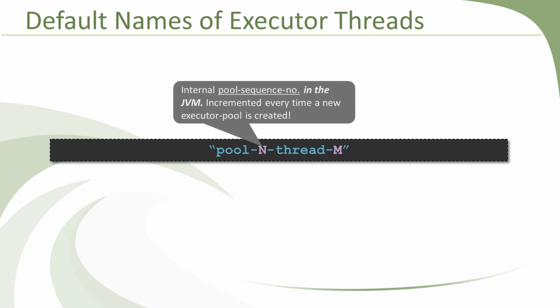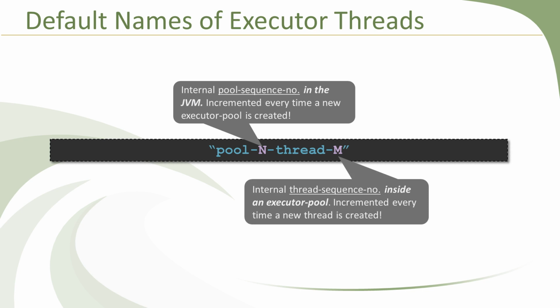Every time you create a new executor pool, JVM increments the global pool counter n. And M stands for the thread sequence number within a pool. Every time a new thread is created inside an executor pool, its thread counter M is incremented. So, a thread with name pool2 thread 5 refers to the 5th thread inside the second executor pool in the JVM.